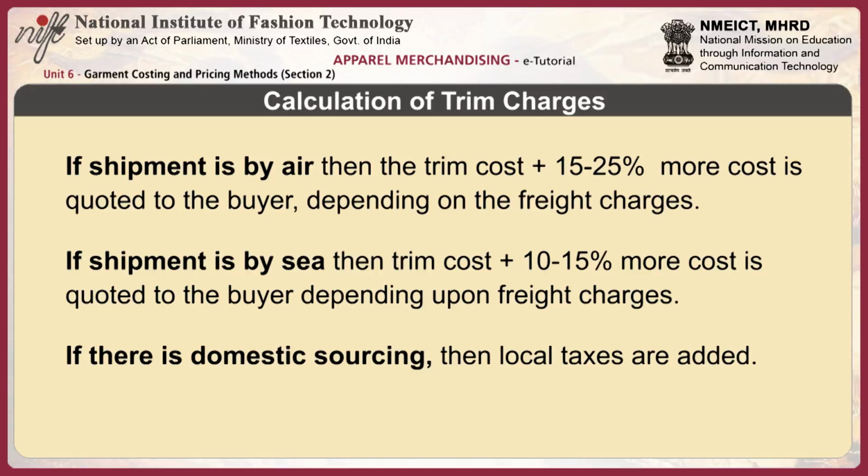That means the trim cost plus some percentage is added to account for the freight cost. If domestic sourcing is used, then the local taxes and transportation charges are also added to the trim cost. So then you will get the total cost of the trim.